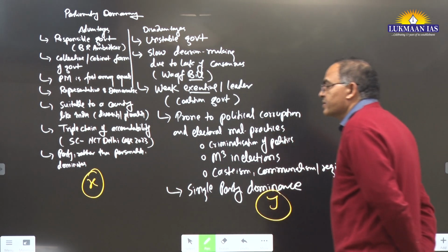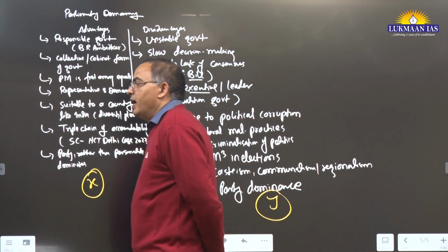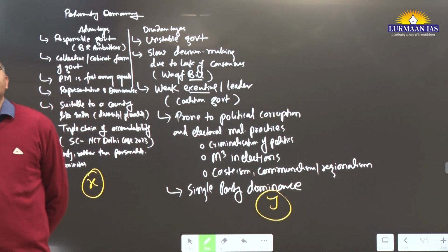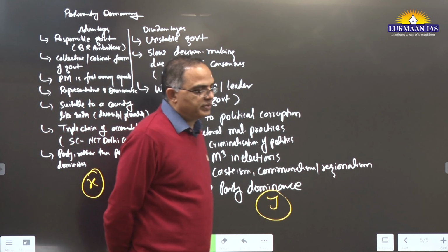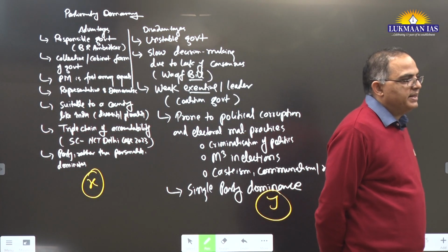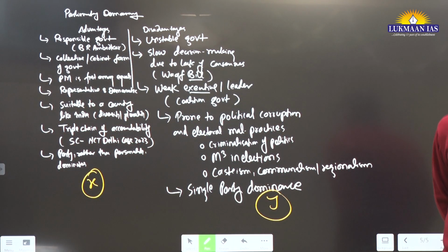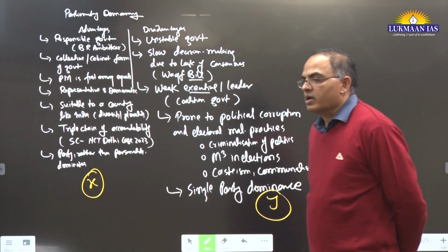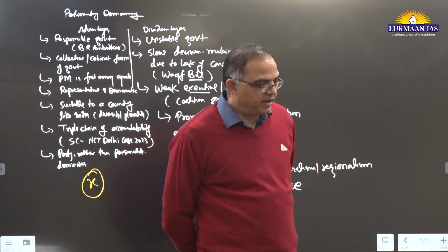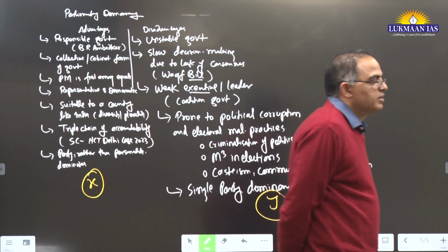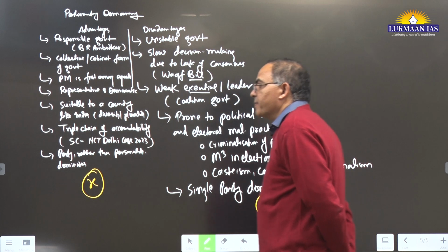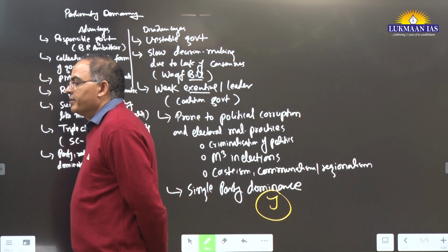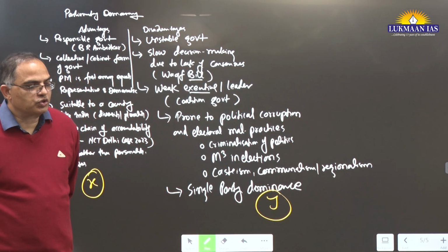Like, first, Article 75: the Council of Ministers headed by the Prime Minister is collectively responsible to the Lok Sabha.